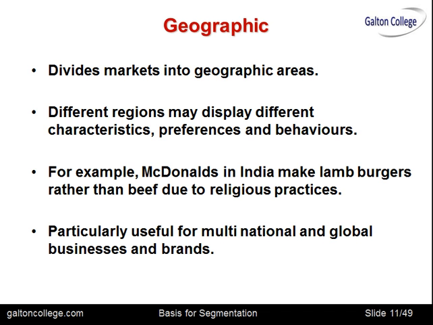And this means that large multinationals and global businesses and brands find this particularly useful, so that they're able to modify their product to meet local requirements and thereby extend their reach, extend their sales.